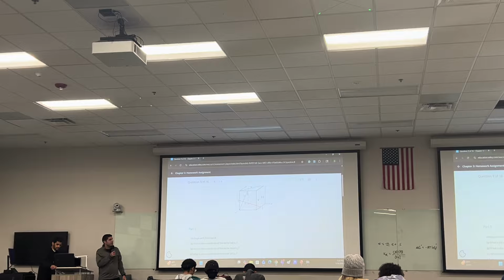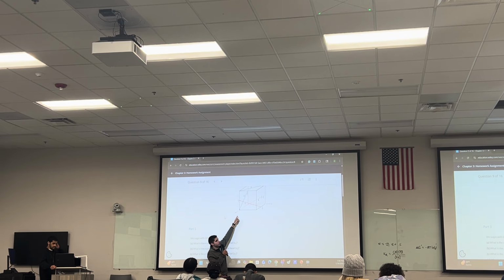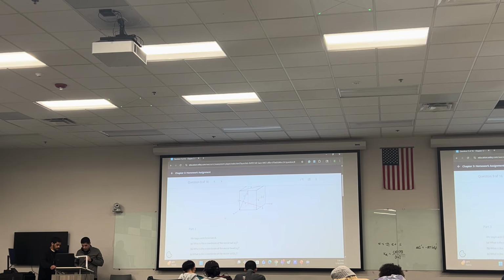So in this case, for example, the x coordinate is going to be 1, right? Because it's starting from here. If you project that point on the x-axis, you get 1. And you do the same thing for the other points.